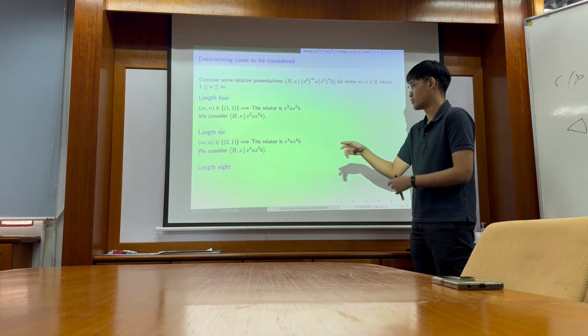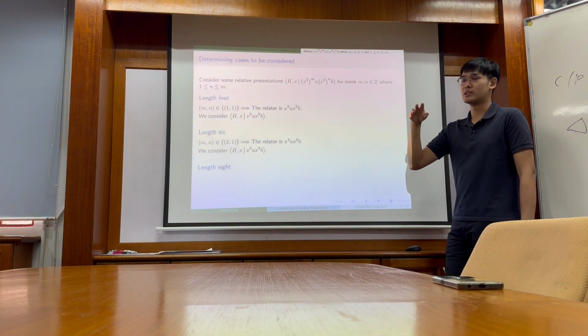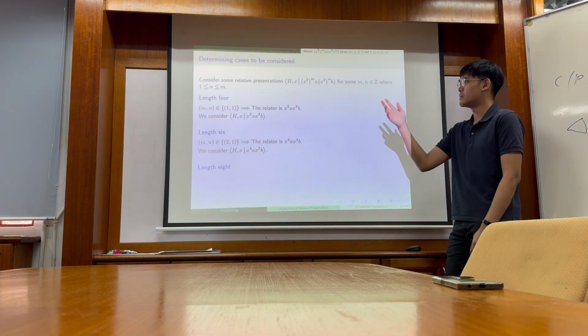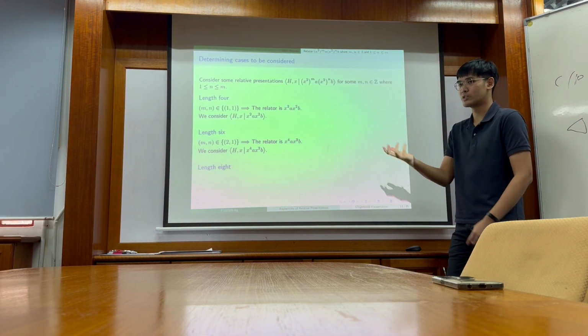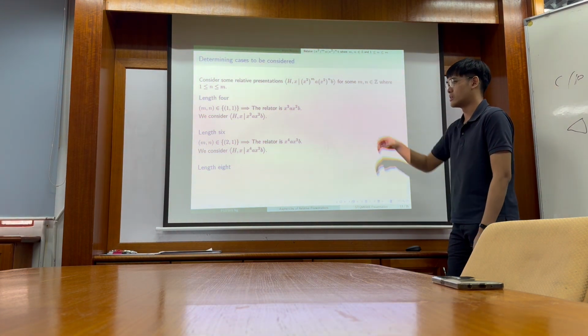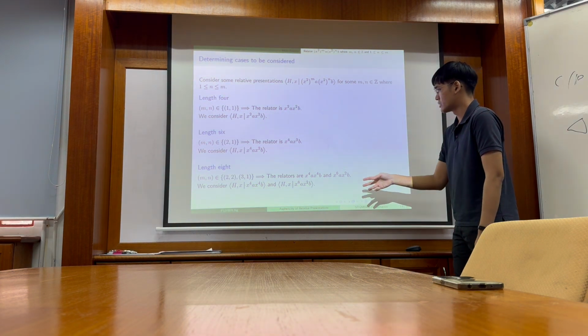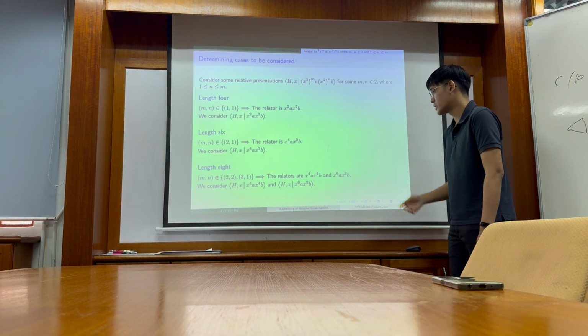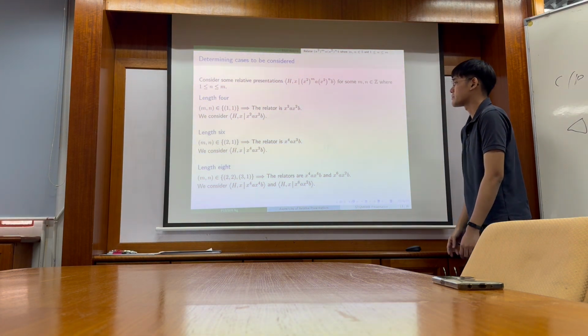So we can choose to consider only this one. And this is what we meant at the beginning. We have already reduced the number of cases to be considered using the conditions here. And length 8, there are two possible combinations. So we consider two relative presentations.